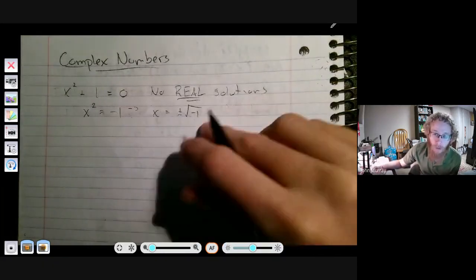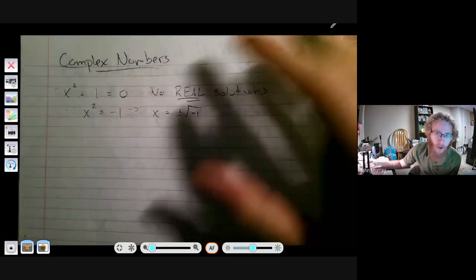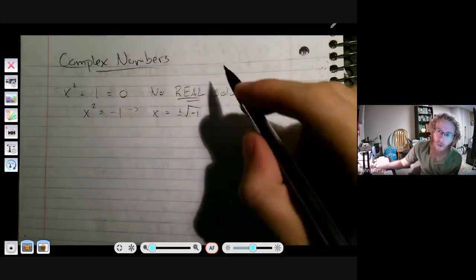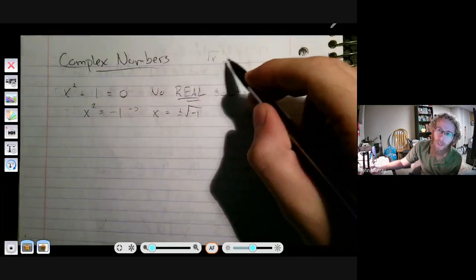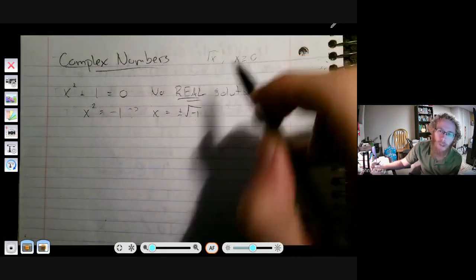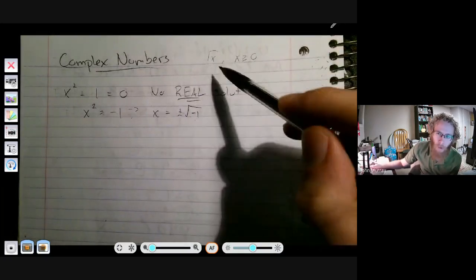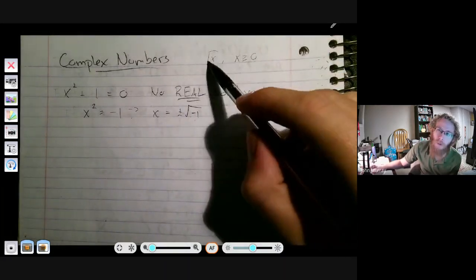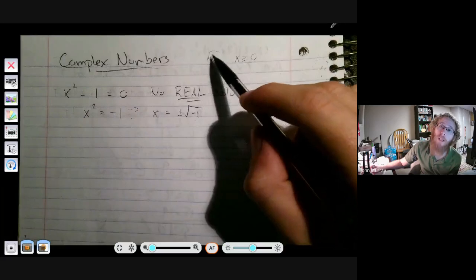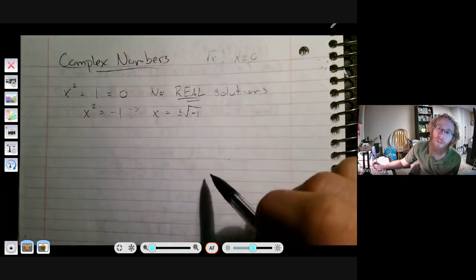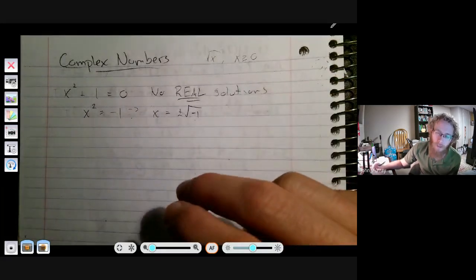When we talked about the square root function, when we were talking about our graphs and things like that, the domain of a square root, x had to be greater than or equal to 0. Because conceptually, the square root is telling me what number multiplied by itself gets me that number x.